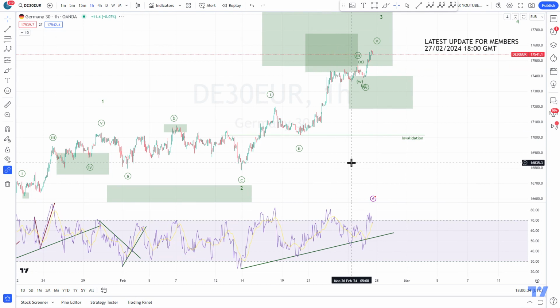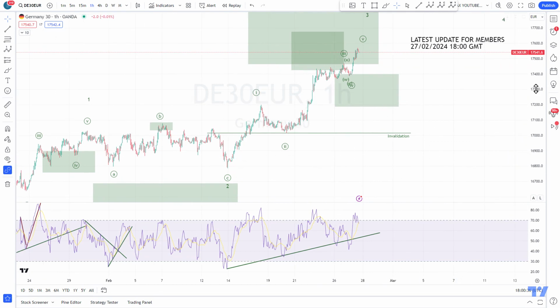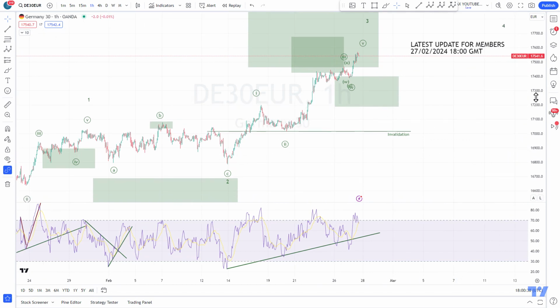And so here I think we have two potential scenarios. As you can see, if we start counting from here, we could already have 5 waves. So we have a 1, a 2, a 3, a 4, and this could here be our fifth wave, which might still be ongoing. What else do we see?